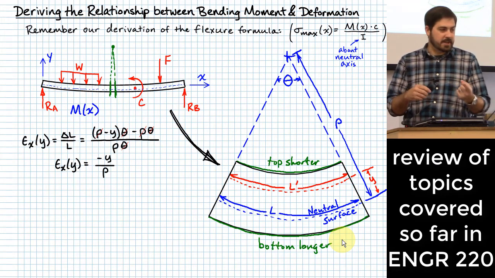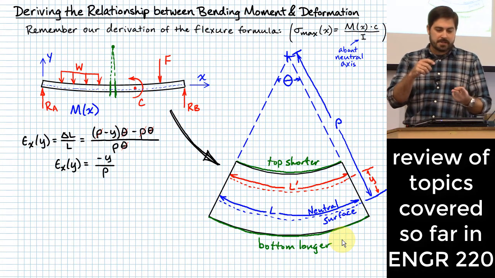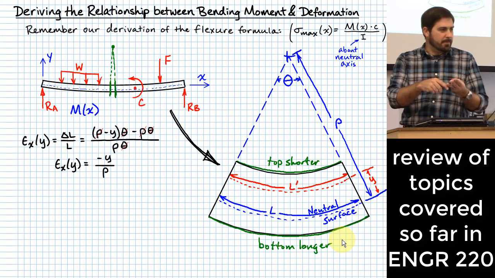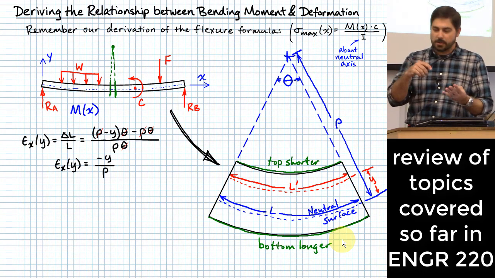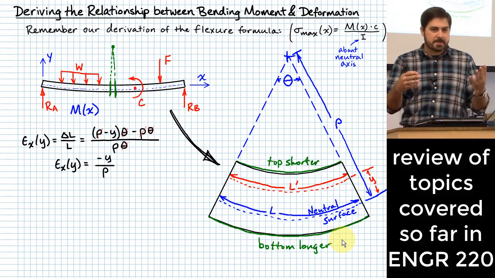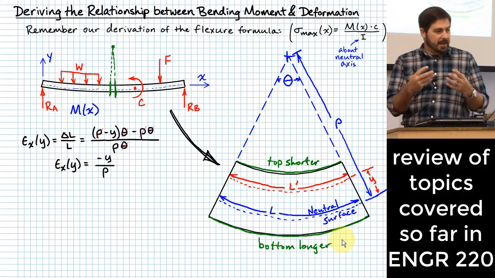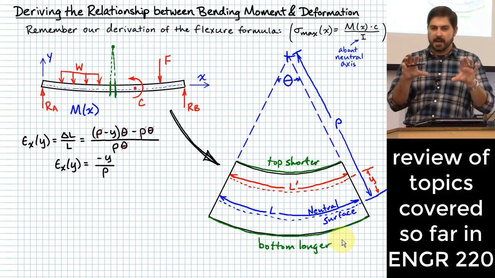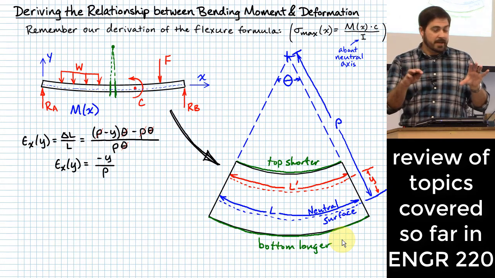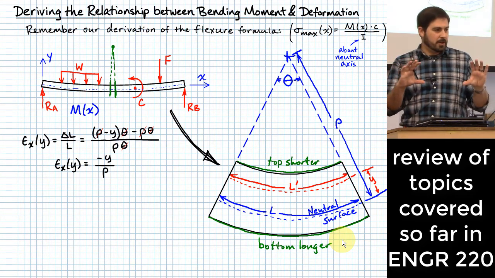So we had to do several things, including the discussion on centroids, flexural stress, shear and bending moments and shear and bending moment diagrams, finding your second moment of area for complex shapes, and then finally how to design a beam so that it could withstand the kind of bending moment that it needs to carry. So that, in just a couple of minutes, is an overview of where we've come so far in the class.